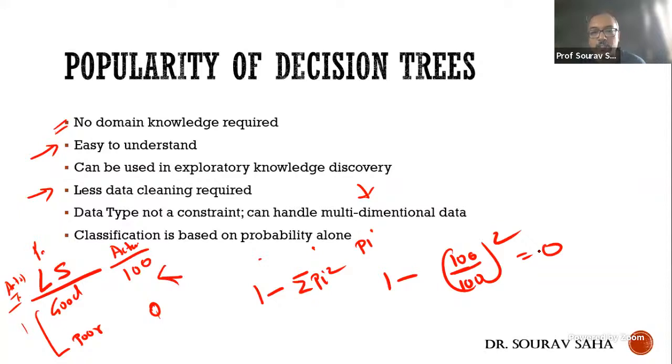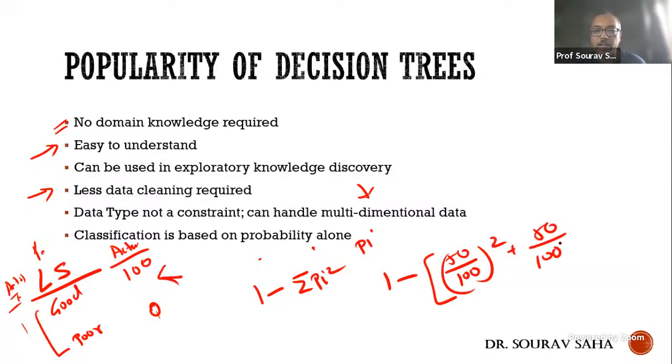Versus the other case, where there was a 50-50 chance. Then this becomes 1 minus (50 by 100 whole square plus 50 by 100 whole square). That's the corresponding proportion of the two classes: good 50 out of 100, poor 50 out of 100. 50 by 100 is half, half whole square is 1 by 4.